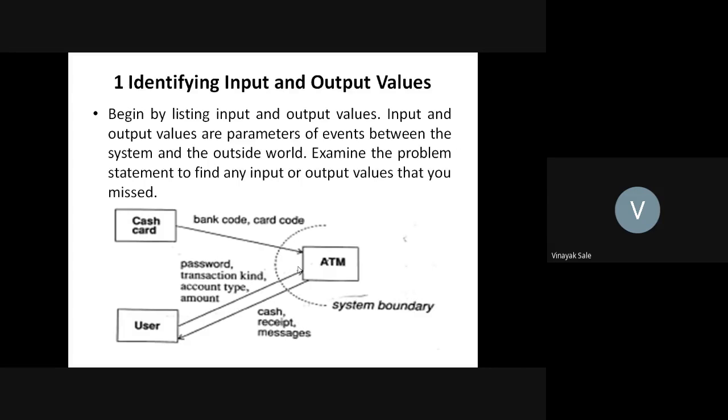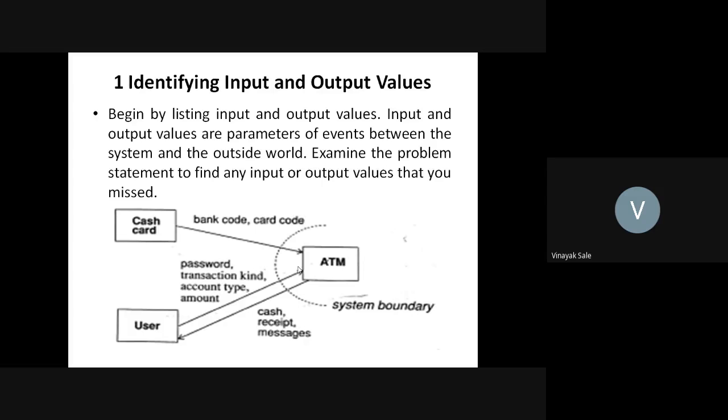So first, identify input and output. This figure shows the input and output. So by listing input and output values, these are the parameters of events between the system and the outside world. Whenever the user inserts a card in the ATM, this is the input.